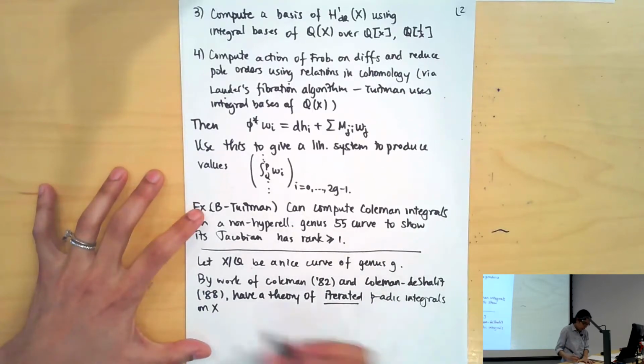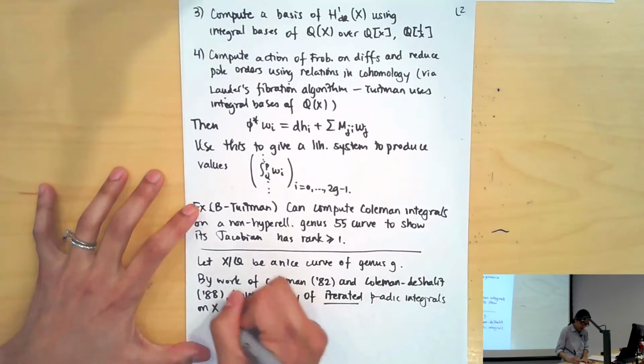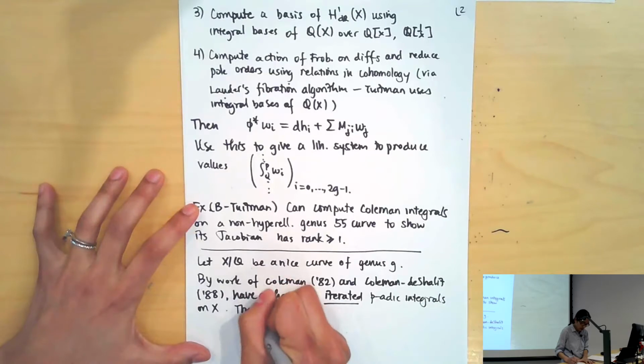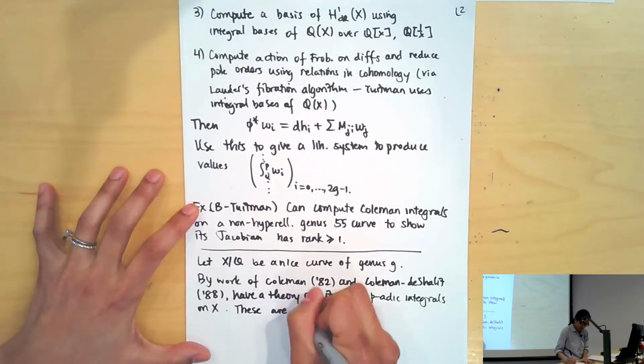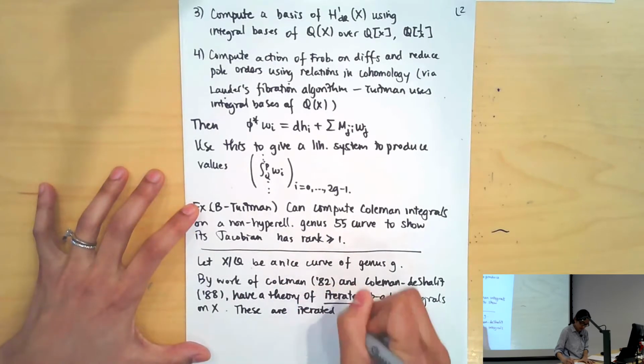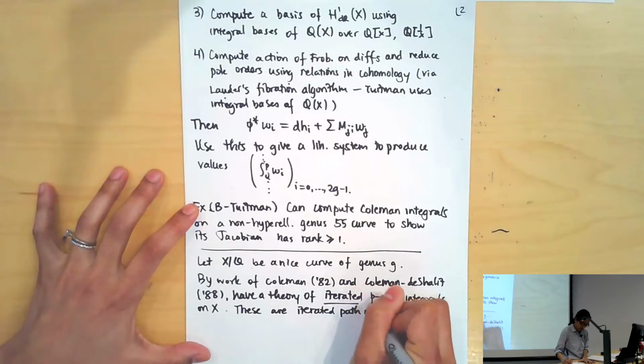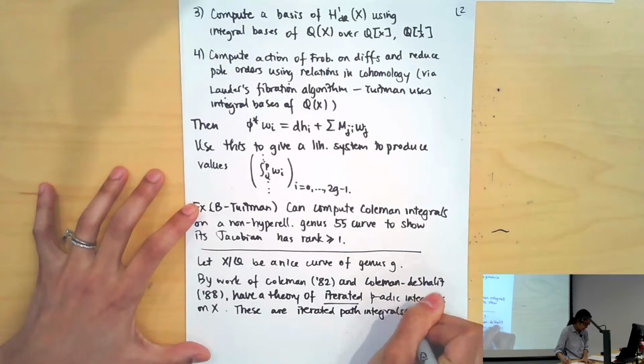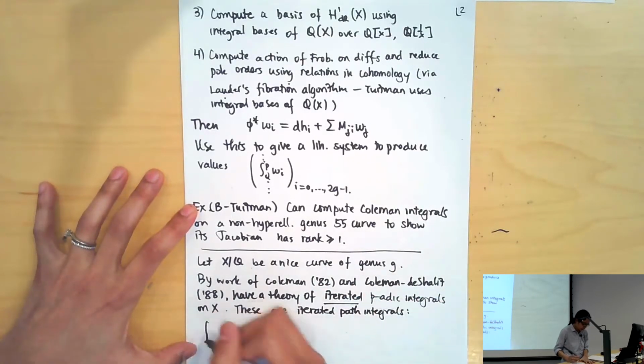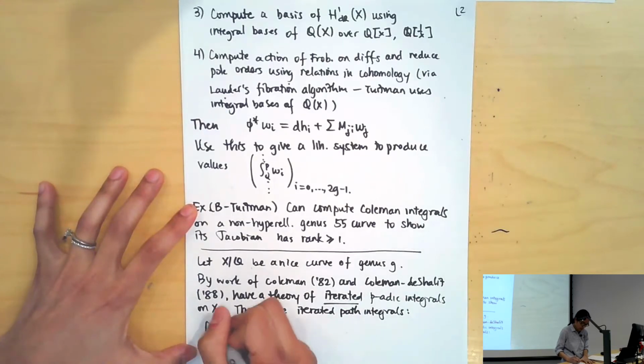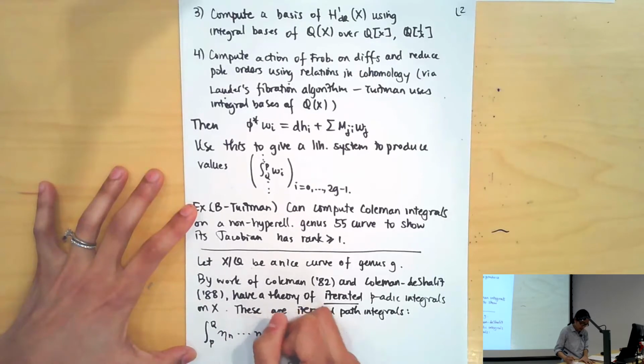So what are these? These are iterated path integrals. I'll typically denote them with one of these integral symbols, and I'll have a collection of differentials, say eta n through eta 1.